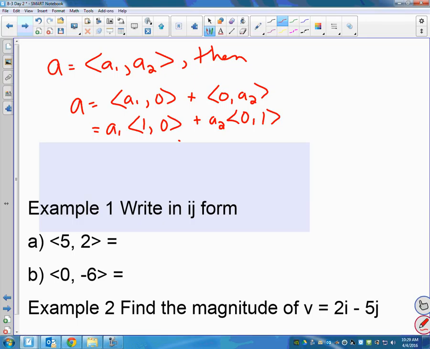If I multiply that scalar back in, A1 times 1 would give me A1, A1 times 0 would still give me 0, so that's still the same. And if I took the A2 out of here and multiplied it back in, I would still get the same thing. So 1, 0 is the I vector, 0, 1 is the J vector, so we could rewrite every vector in component form as just the first component times I plus the second component times J.